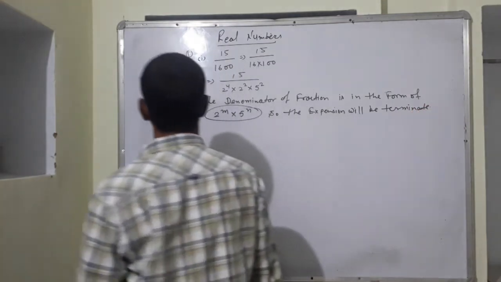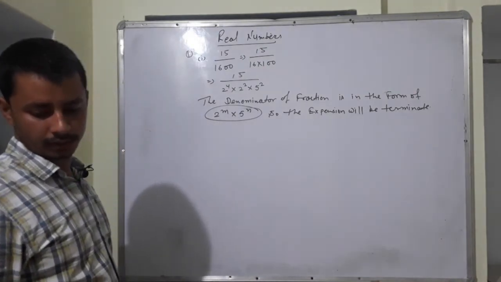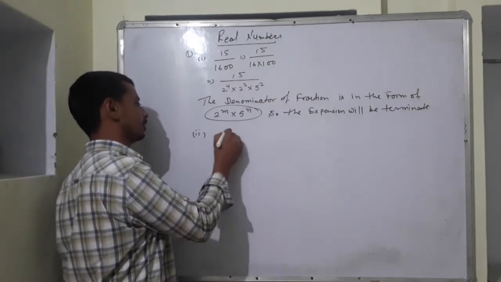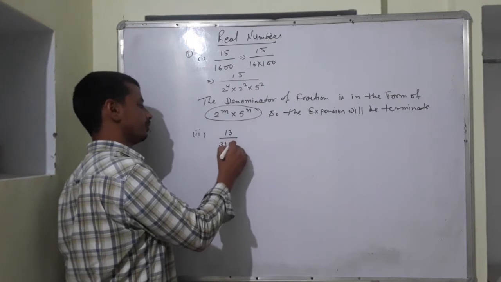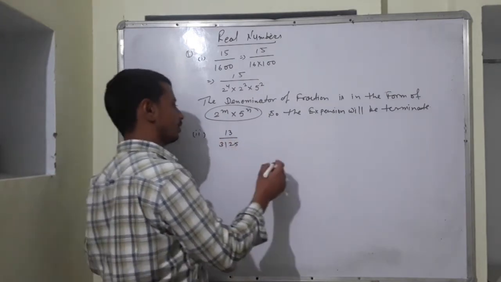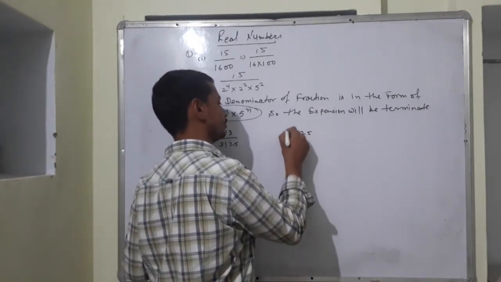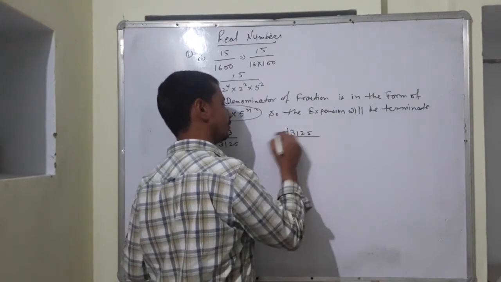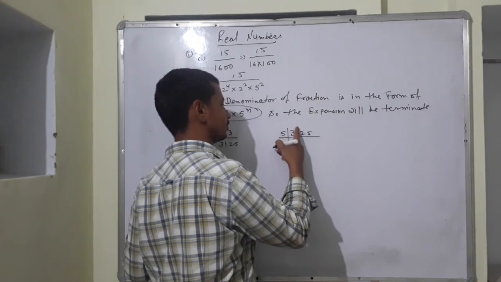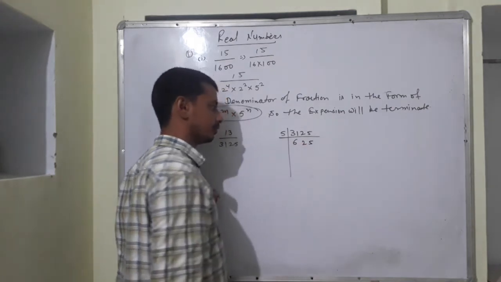Okay, second part is 13 upon 3125. Okay, so prime factorization of 3125 will be: when divided by 5, then we find 625.